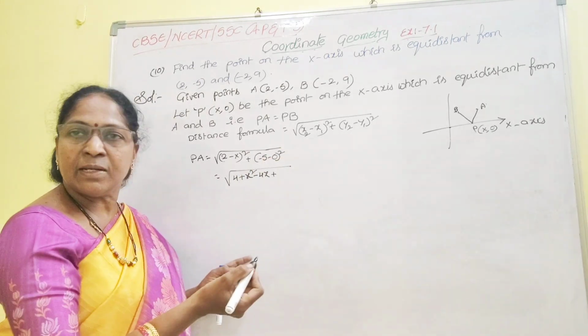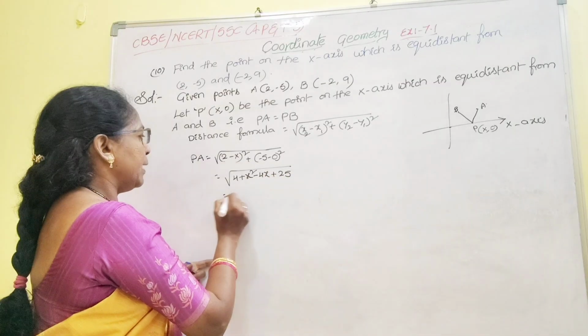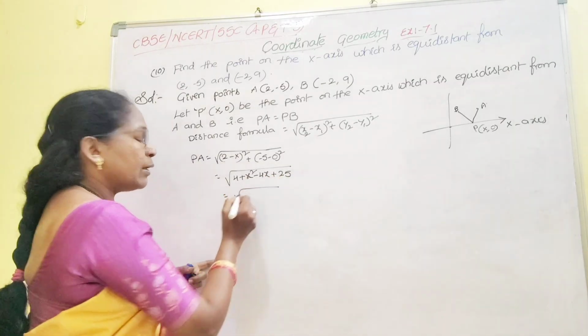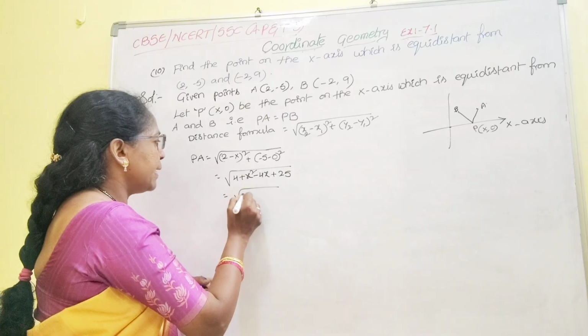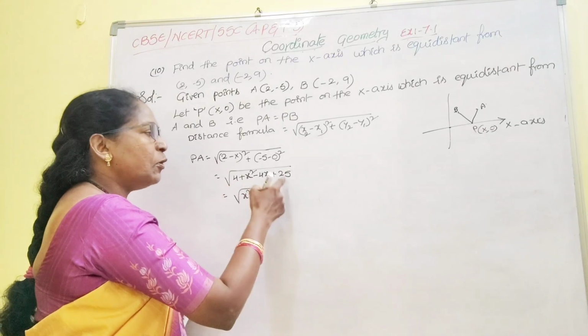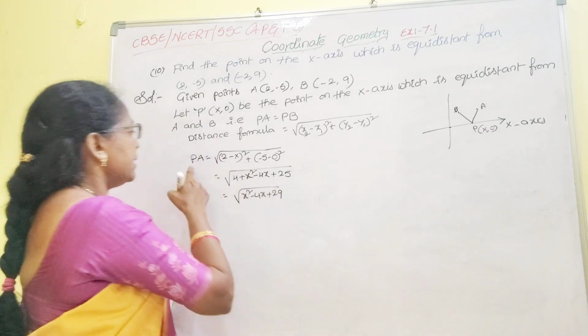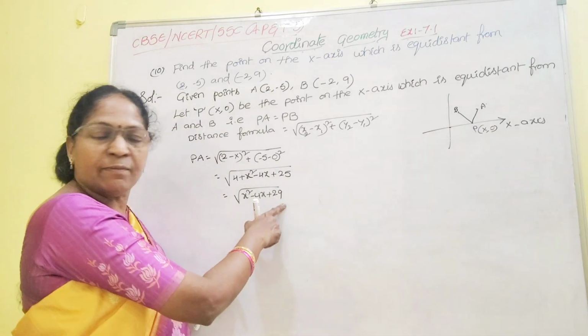Minus 5 whole square equals how much? 5 square is 25. Write it in order: x square minus 4x plus 4 plus 25, that equals 29. This is the value of the distance PA, the square root of x square minus 4x plus 29.